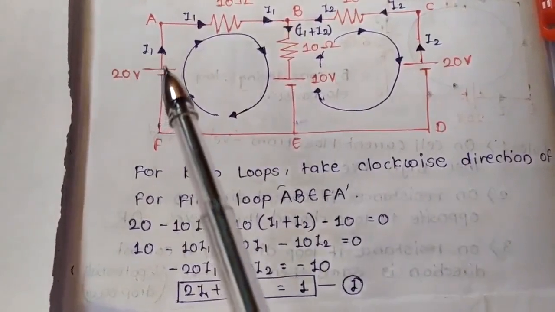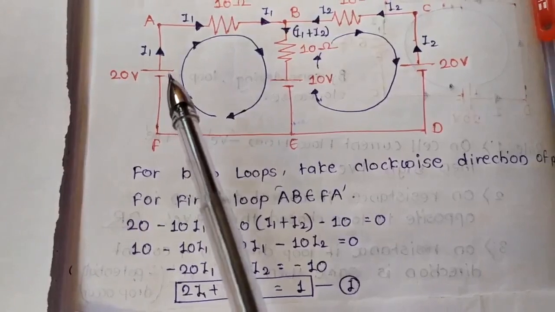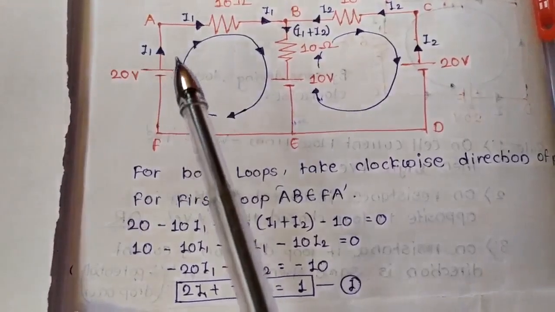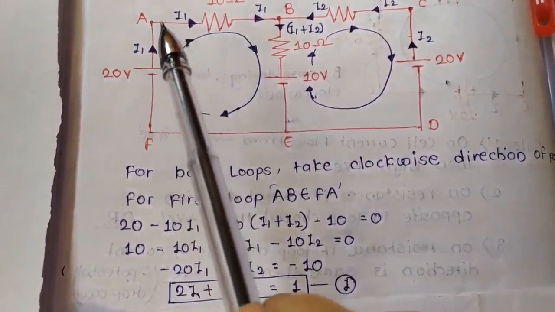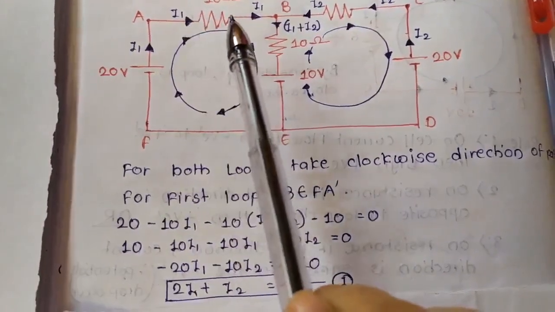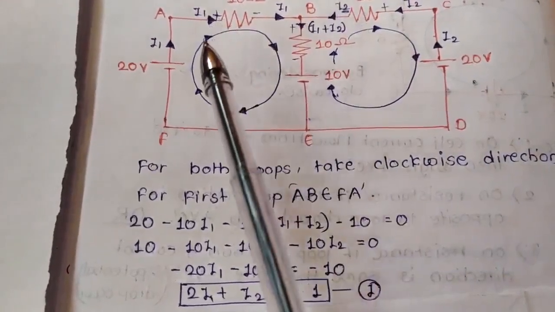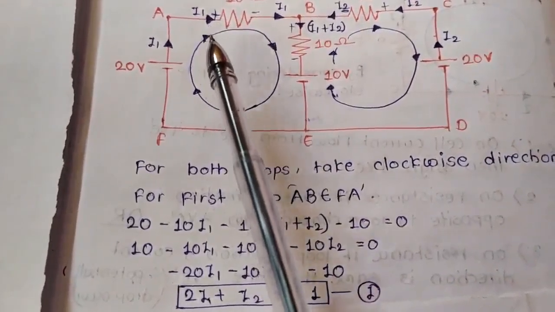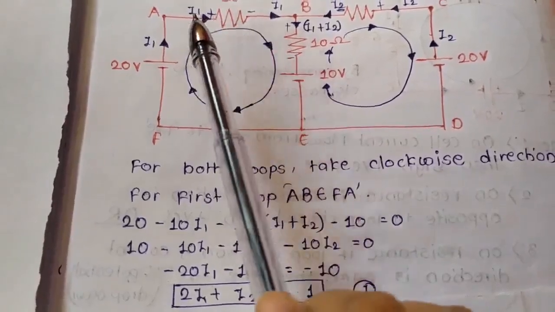Now for this equation for loop first, A, B, E, F, A, current is flowing from lower potential to higher potential. On say lower potential to higher potential, take a plus 20, again plus here, minus here, hence see, the loop direction is clockwise and the same direction of a current.